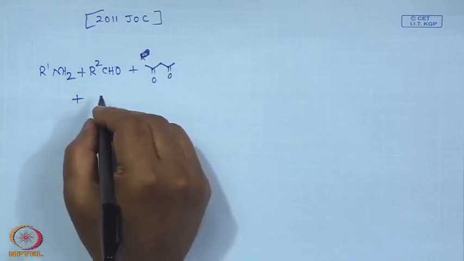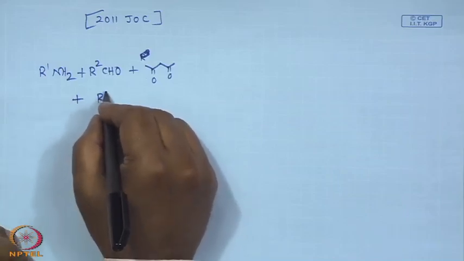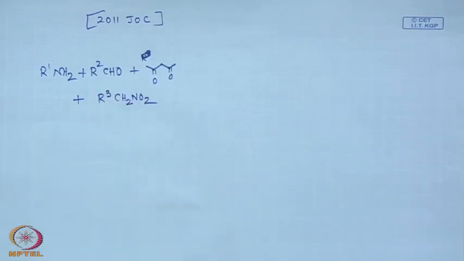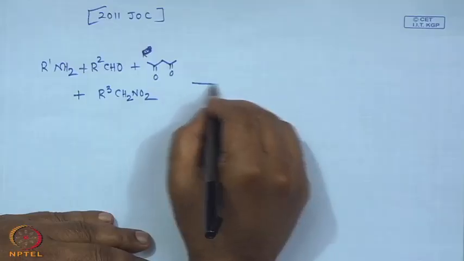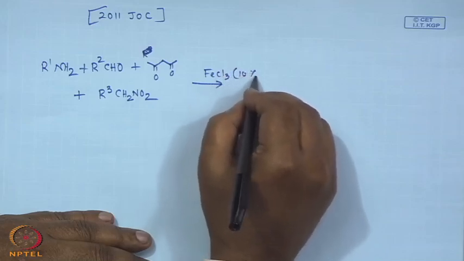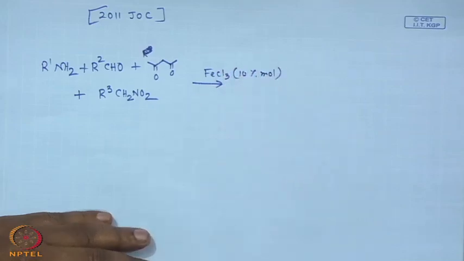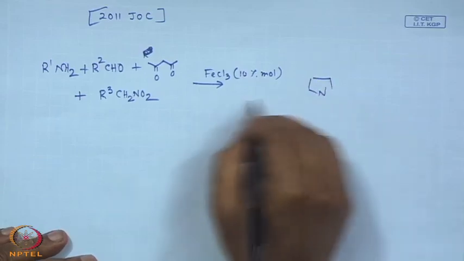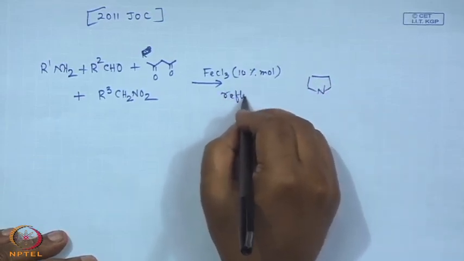And this nitro compound. So the previous two syntheses also involved a nitro compound, and this one as well, and ferric chloride, only 10 mole percent of the starting materials, and the net result is just reflux, by the way, just a reflux, no solvent.